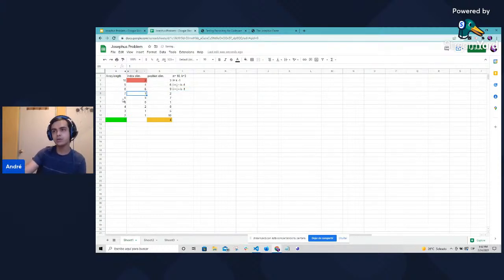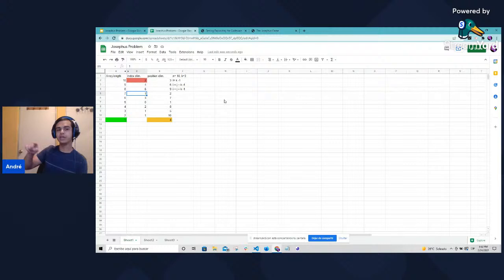But if we continue, then we're going to see that, for example, in this case, it no longer applies. But why does it not apply? Well, because our array length is 7, and the index that we want to eliminate is 8. And as you know, in an array of length 7, the maximum index is 6, because we start on 0. So we cannot eliminate something that is an index 7 or more. But as we know, this is a circle.